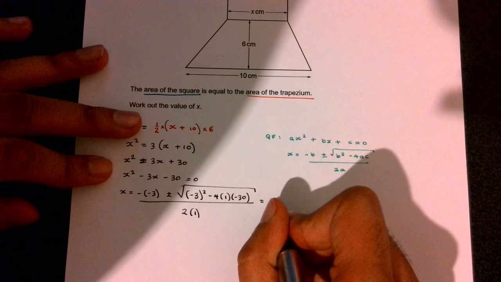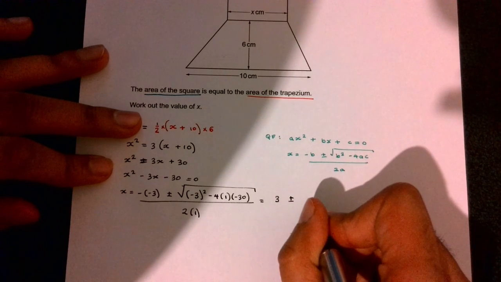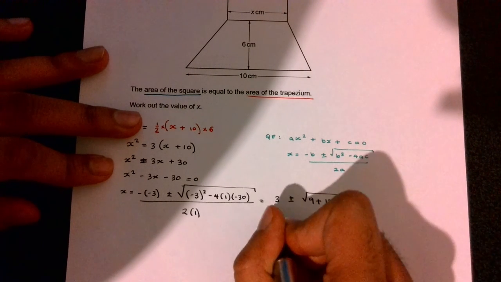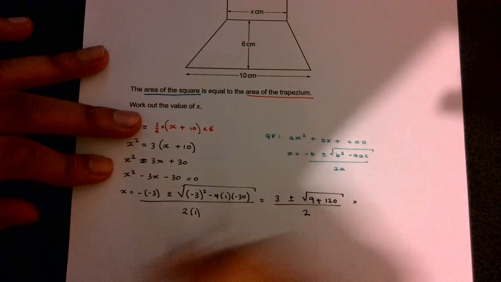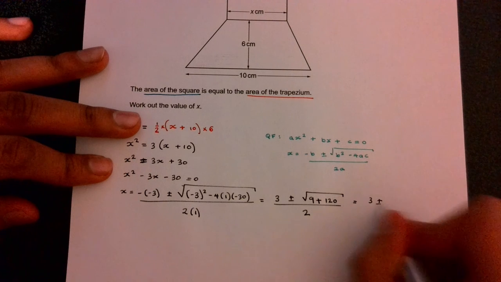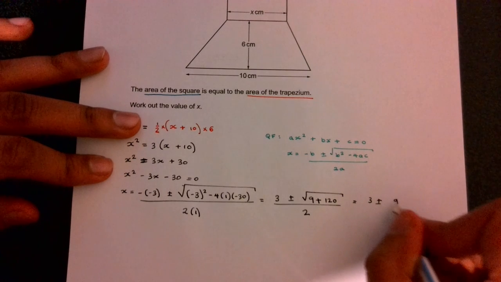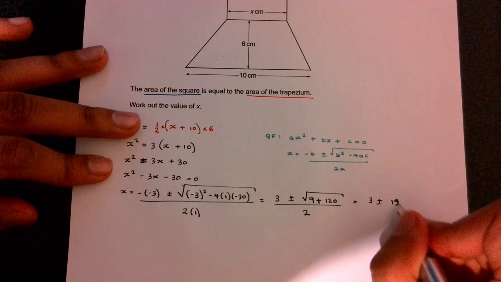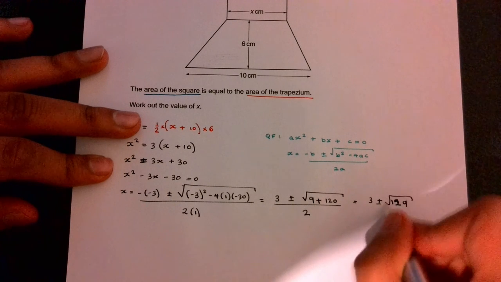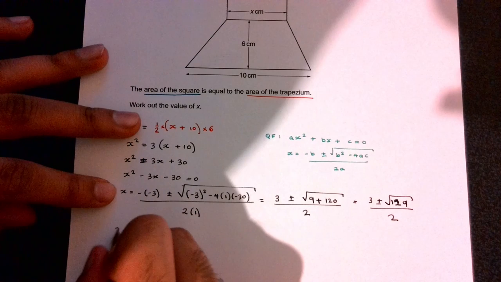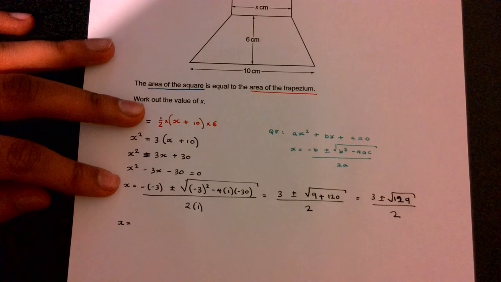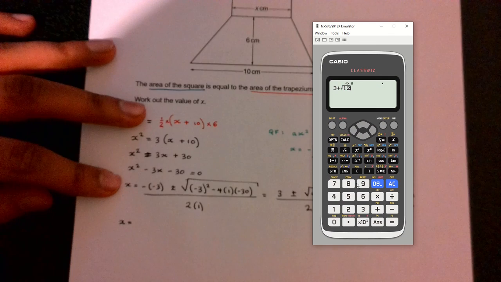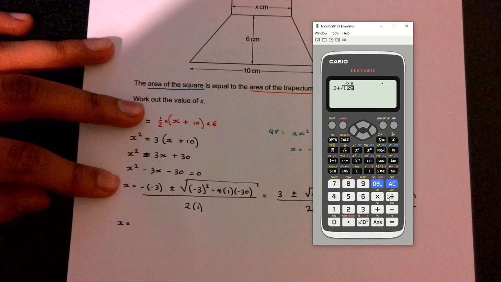So working this out, we come out with 3 plus or minus the square root of 9 plus 120, over 2. So we have 3 plus or minus root 129 over 2. So we have x equals, now we have two possibilities. We have 3 plus root 129 divided by 2.